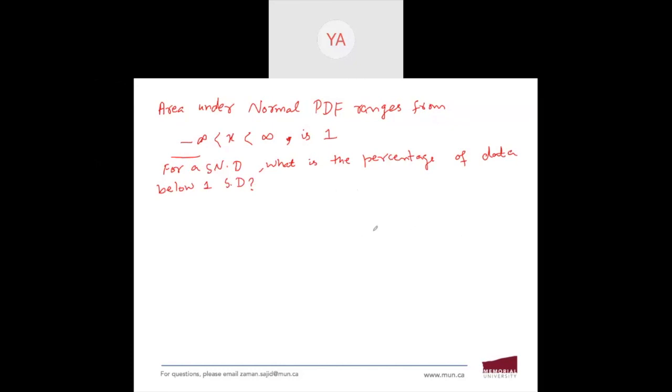So let me draw this graph here again. If this is my normal distribution curve, make sure if you are drawing it, it is symmetrical. Because it's a standard normal distribution, this is my mu value, which is equal to 0.